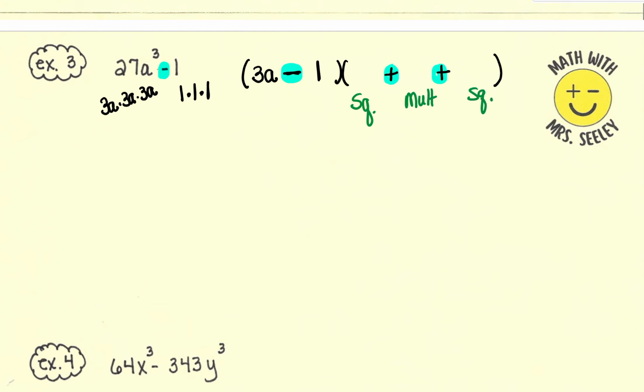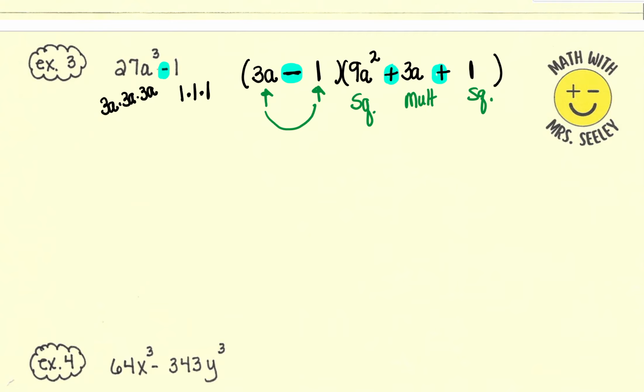So if I square the first one, the 3 and the a, that's going to be 9a squared. You've got to square the 3 and the a. Multiply the two together. 3a times 1 is going to be 3a. And then you're going to square the 1 to get 1.